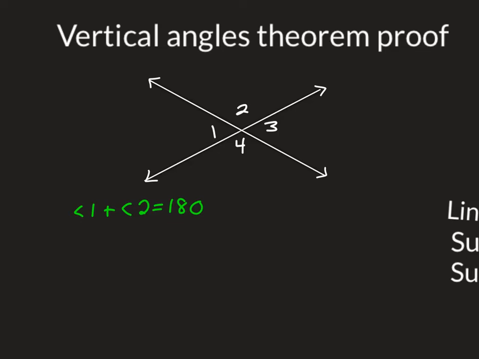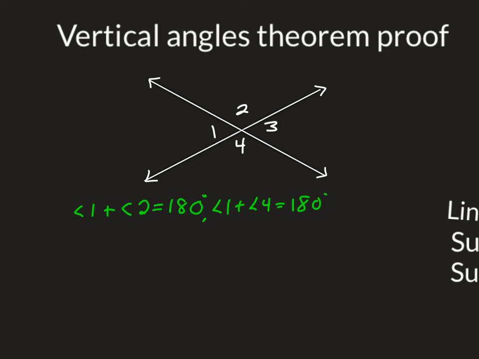And by the same idea, angle 1 and angle 4 are also on a straight line, so angle 1 plus angle 4 is also equal to 180 degrees.